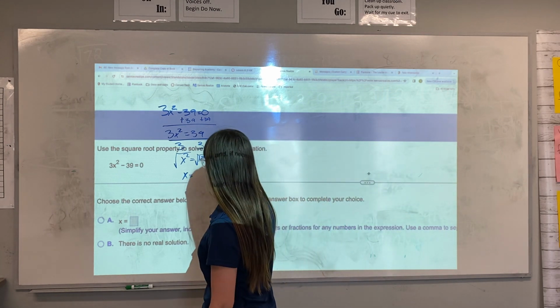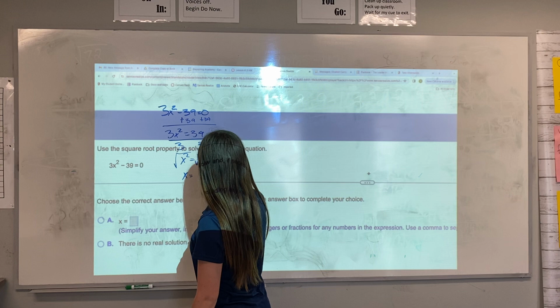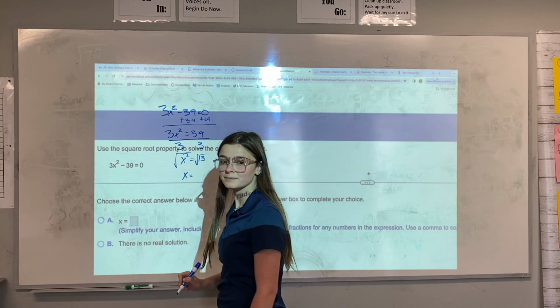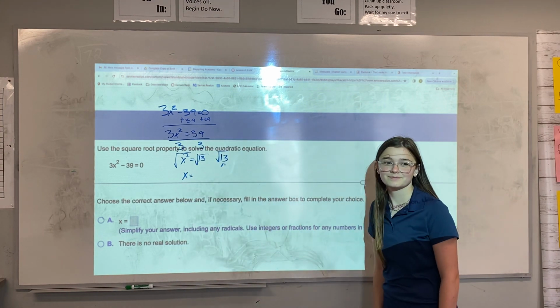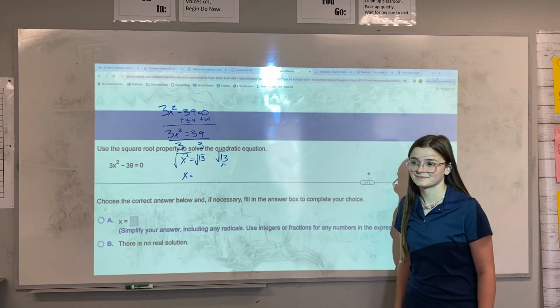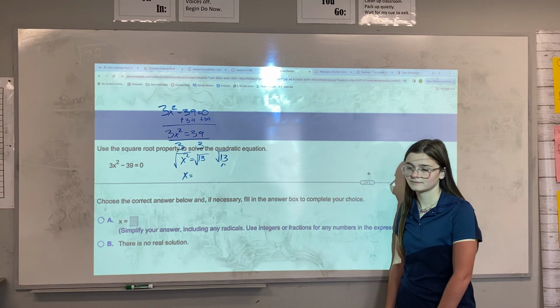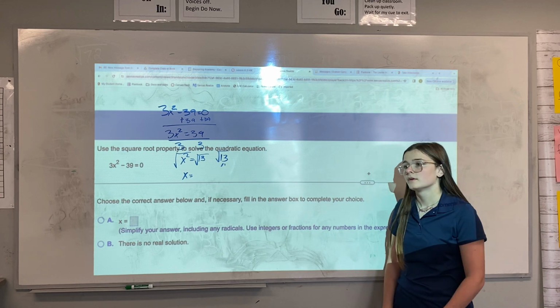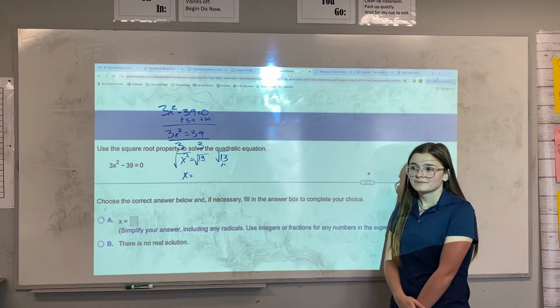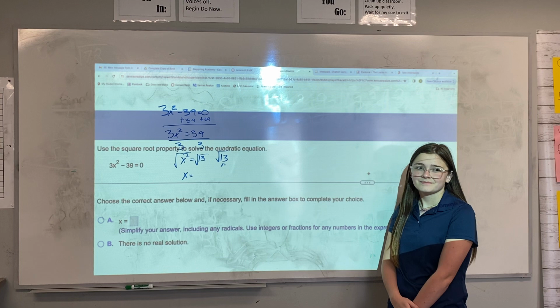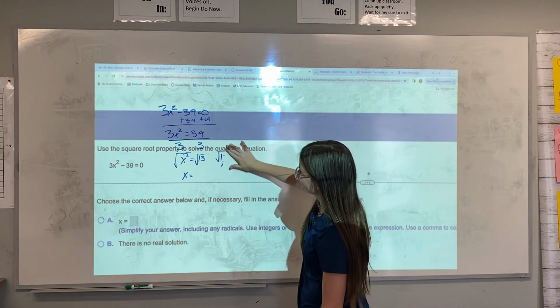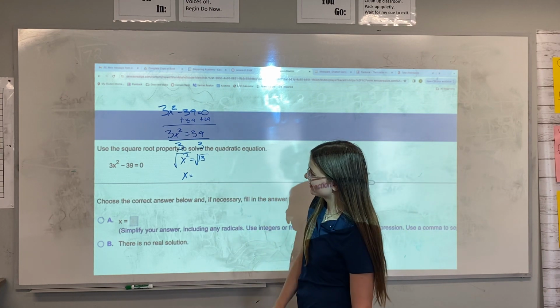You see it? 13, and 1. Yeah, so 13 is a prime number. It doesn't have any factors other than 13 and 1.